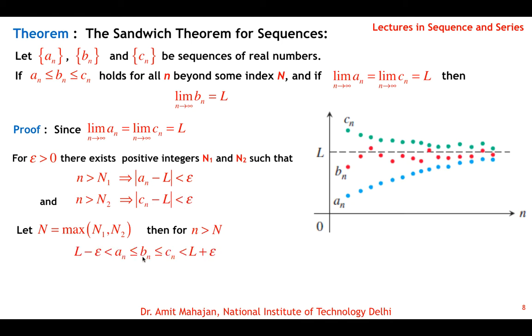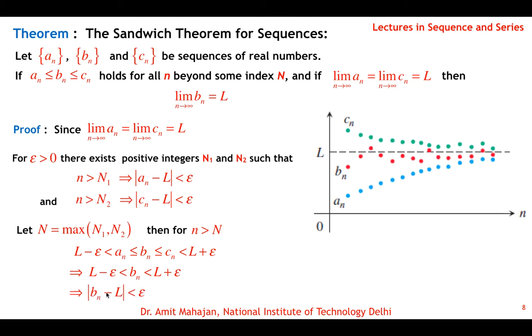So what we have is that L minus epsilon is less than b_n is less than L plus epsilon, or we can write this as the modulus of b_n minus L is less than epsilon.